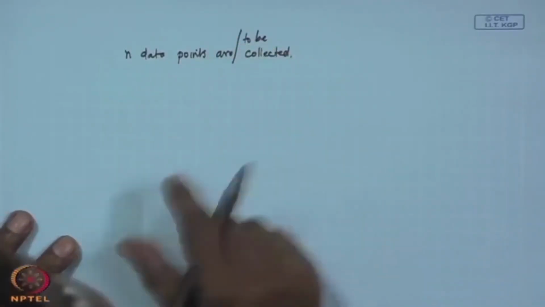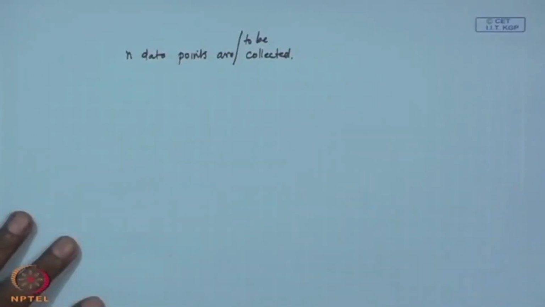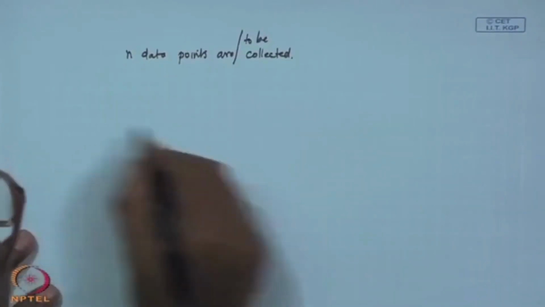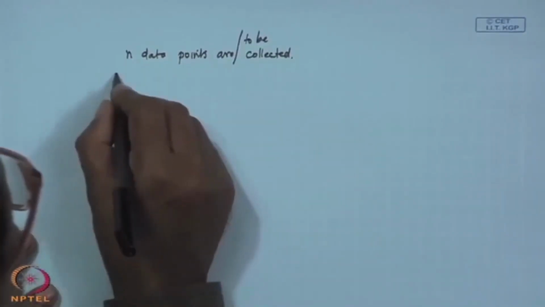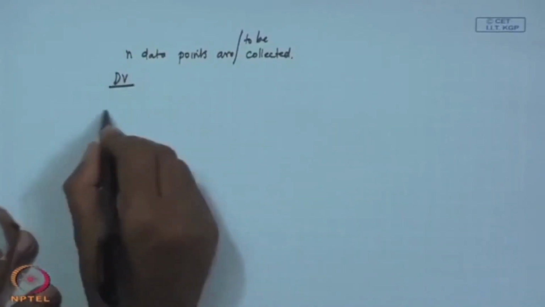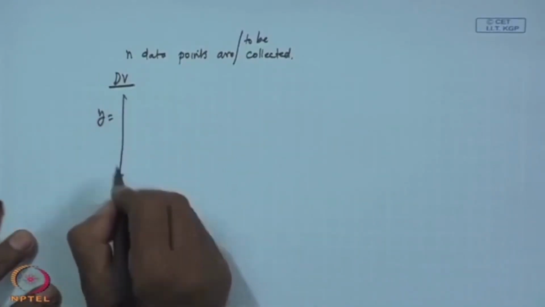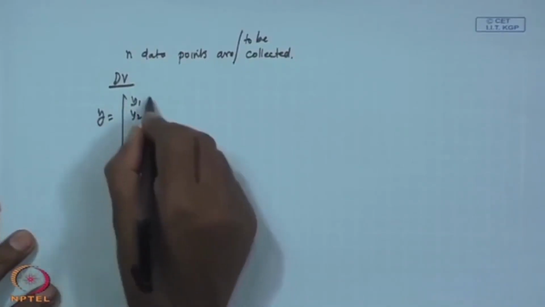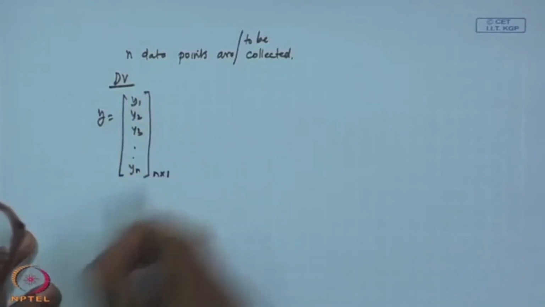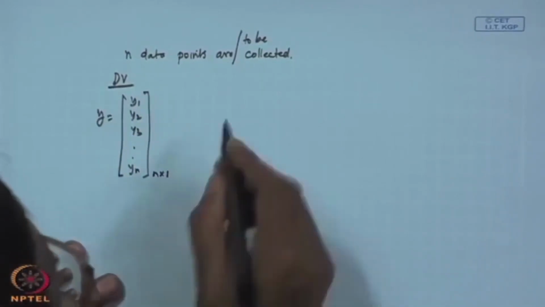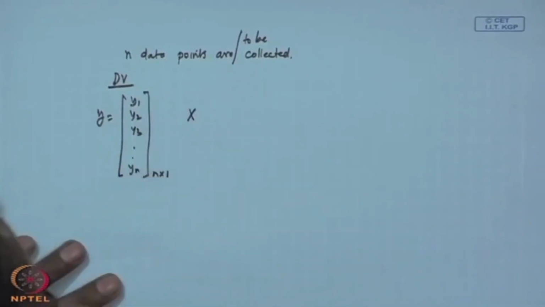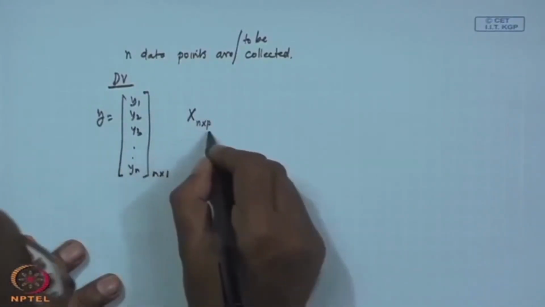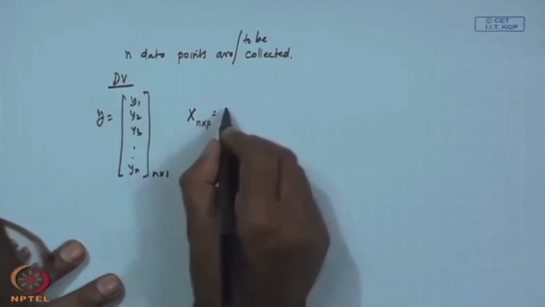If you say to be collected, all observations will be random. So, our data matrix will be, first, the dependent variable, y: y1, y2, y3, up to yn, n data points. Then you are collecting x, which will be n cross p. n is the number of observations, p is the number of variables.